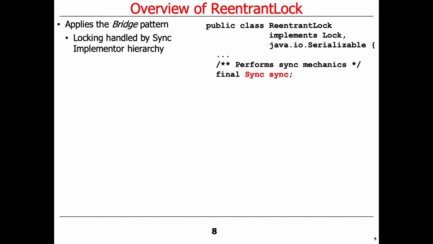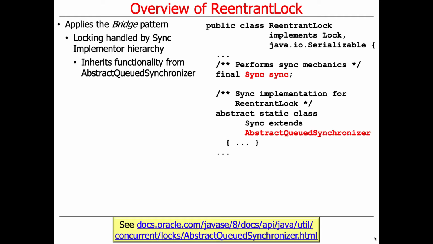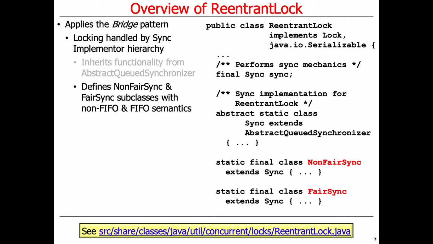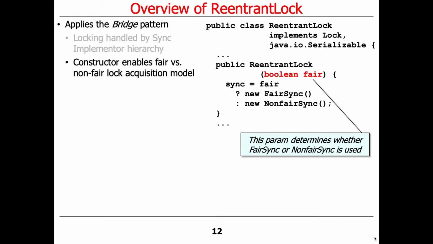You've got a sync field that is an instance of the sync class, which extends abstract queued synchronizer. Abstract queued synchronizer is a framework that's used by various other synchronizers in Java that need to have first in, first out wait queues, where things kind of queue up to wait for stuff. And then we have non-fair sync and fair sync subclasses from sync. So this is just classic bridge pattern in Java.